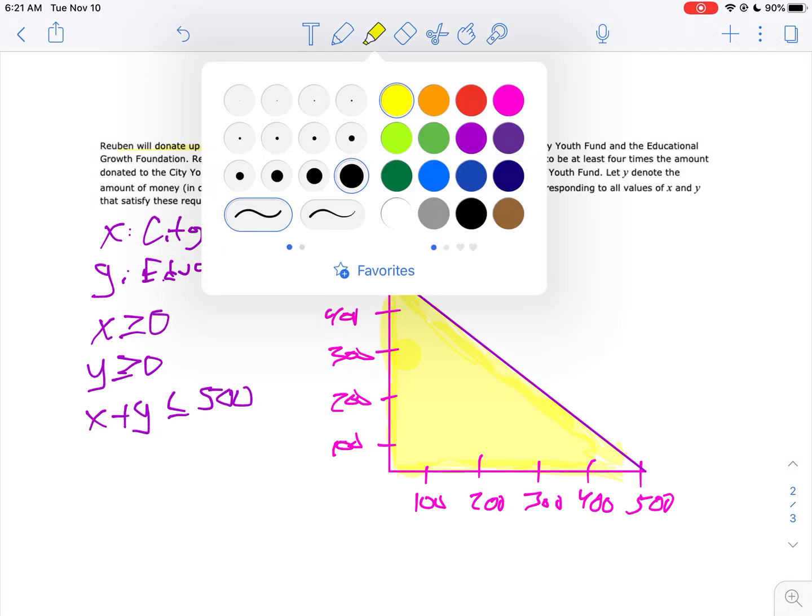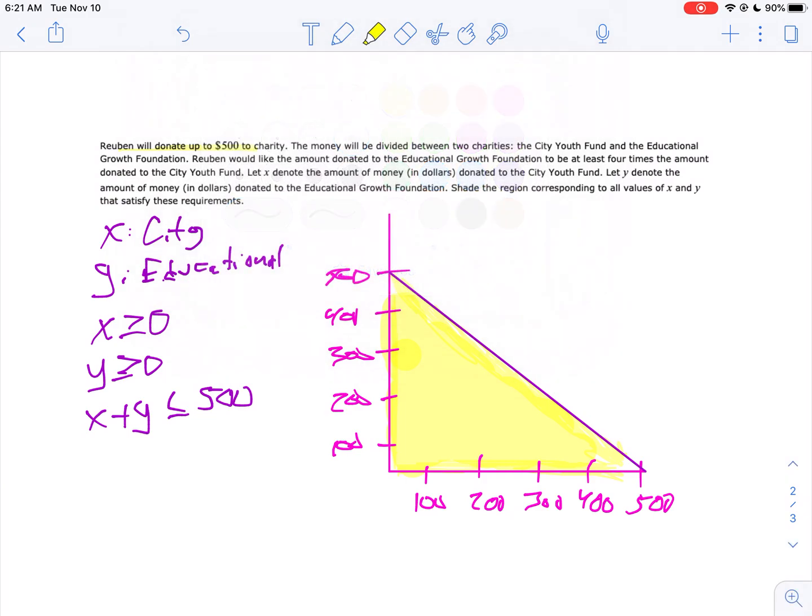Now, here is the part where I think you made a mistake, but you didn't show your work. It says, Ruben would like the amount donated to the Educational Growth Fund, that is the Y, to be at least 4 times the amount of the City Youth Fund.